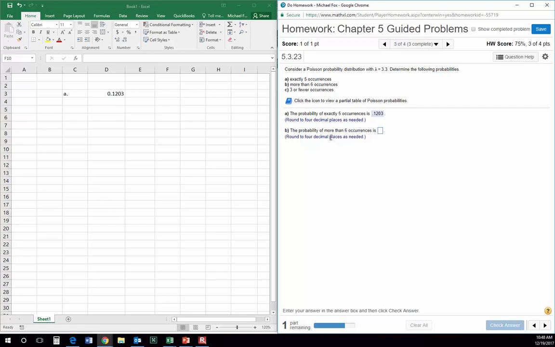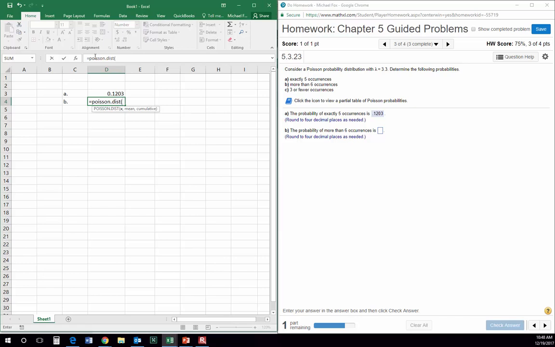The probability of more than 6 occurrences: when we use Excel, we're finding the probability of that number or fewer. So if we do more than 6, we can say this equals Poisson dist.